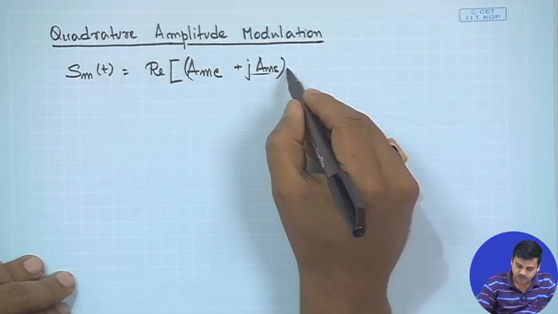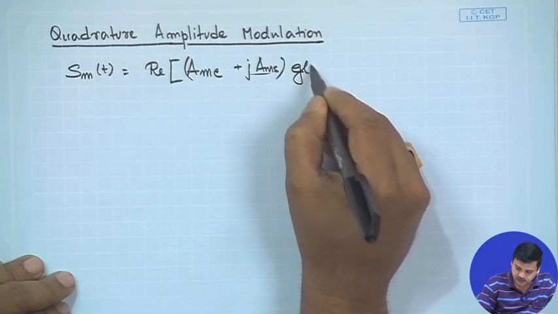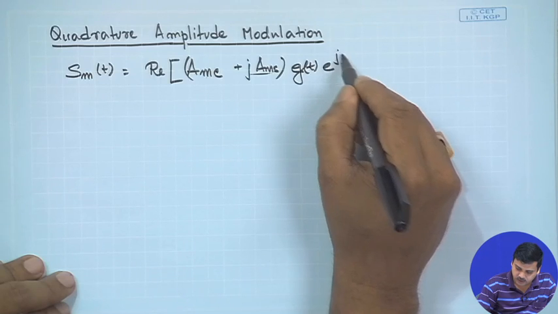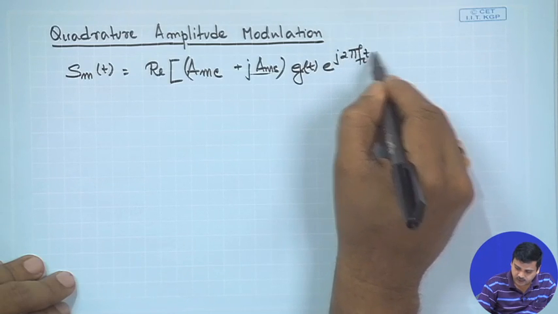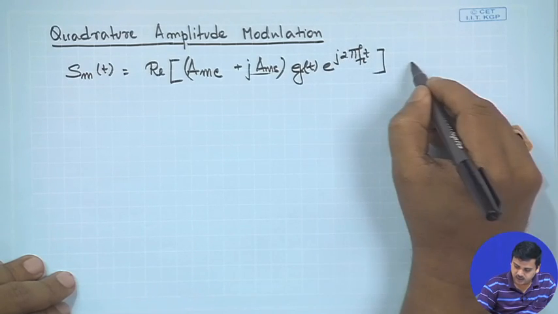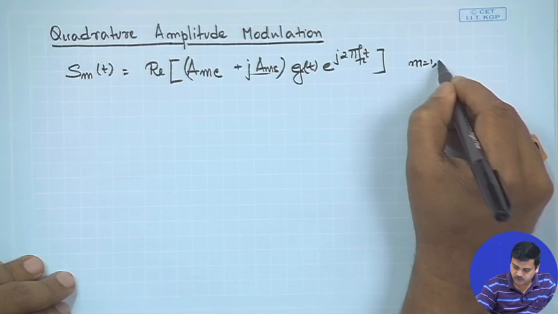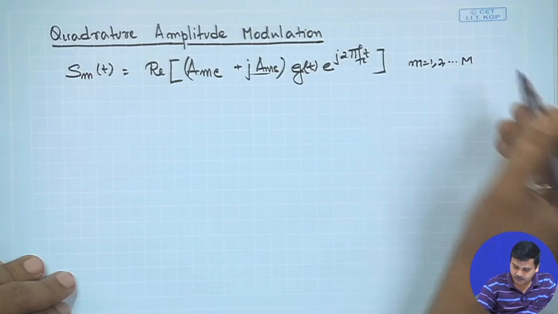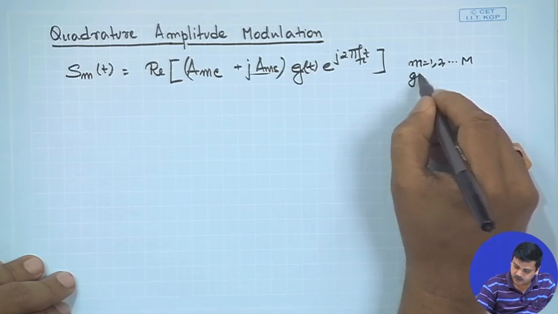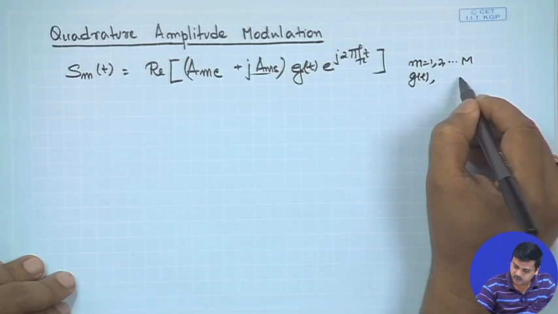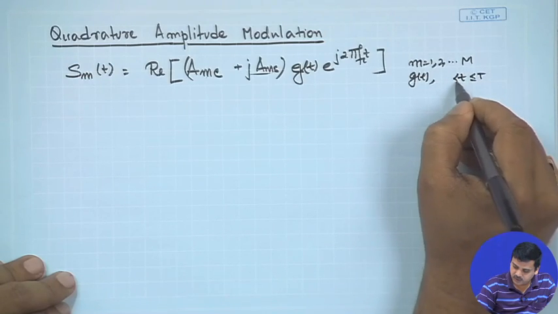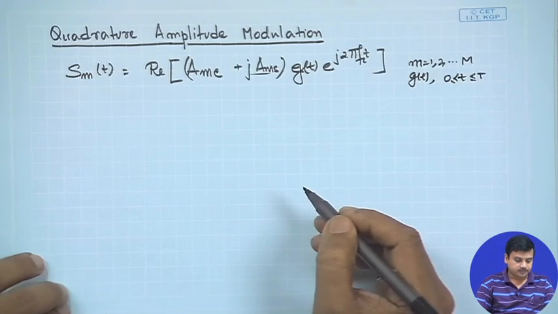So we have the quadrature amplitudes, and there is g(t) e to the power of j 2 pi f_c t, and that is the modulation part for m equal to 1 up to capital M, and g(t) being non-zero for t within 0 to T.